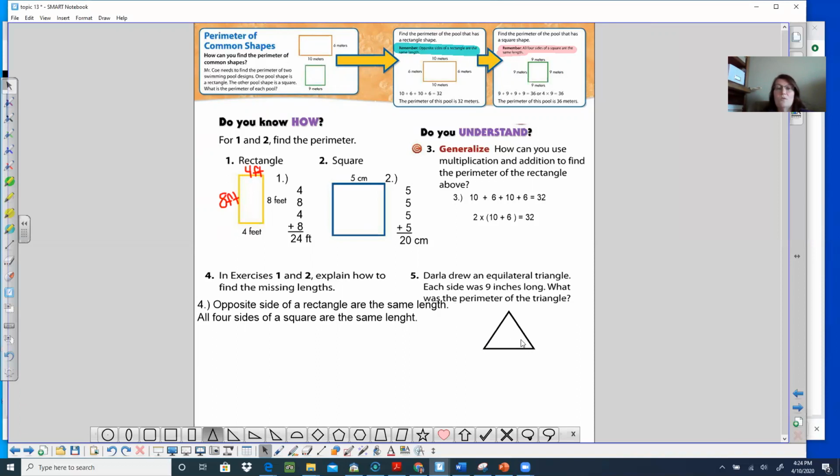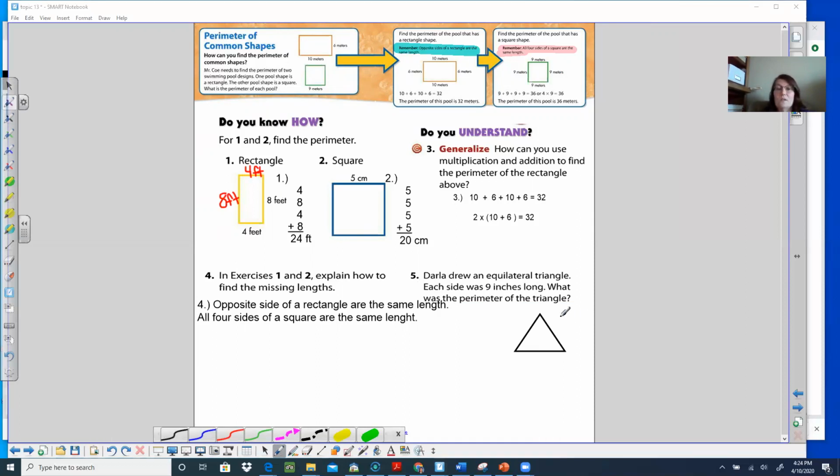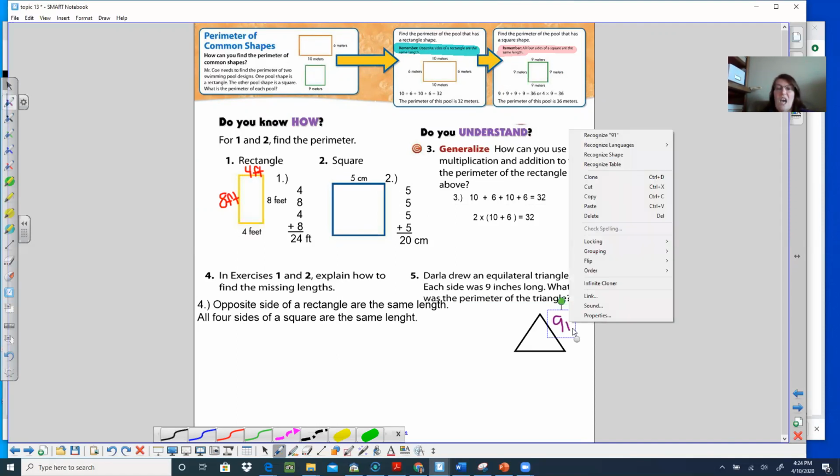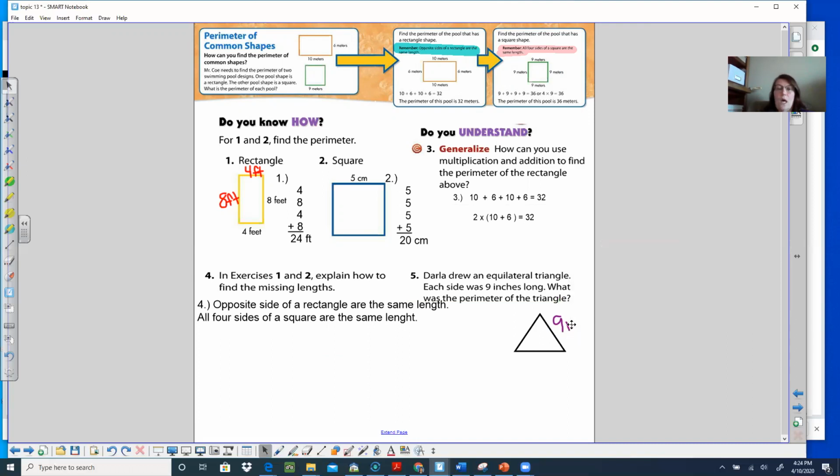And I want to label it. It says each side is 9 inches long. So I need to write a 9 on each side. So 9 inches. Don't do that. That drives me nuts.